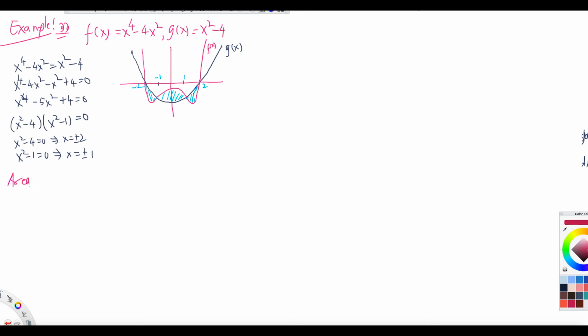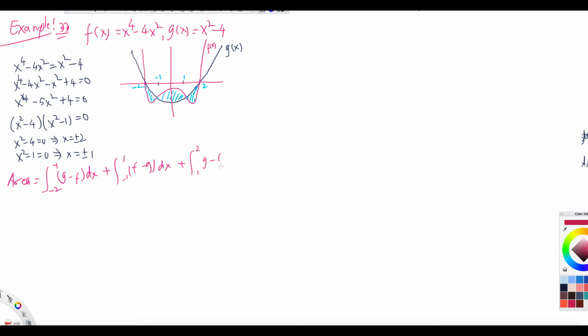Area equals, you can do negative 2 to negative 1. Which function is higher, bigger? g, right? So g minus f dx. We'll plug in the values of g and f, plus negative 1 to positive 1, you do f minus g dx, and then plus 1 to 2, and again g is on the top, right?